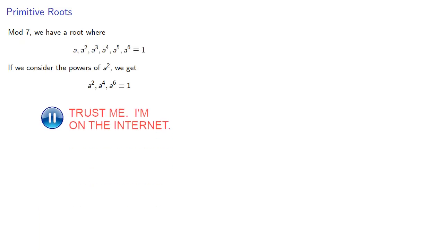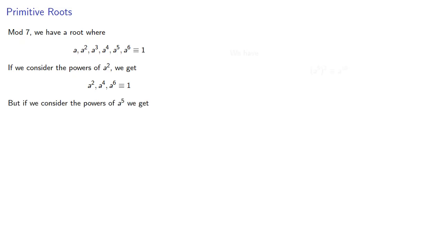So if we take mod 7, our primitive root is going to satisfy... If we consider the powers of a squared, we get, and there's only 3 distinct values. But if we consider the powers of a to the 5th, we find a to the 5th squared, a to the 5th cubed, and so on.